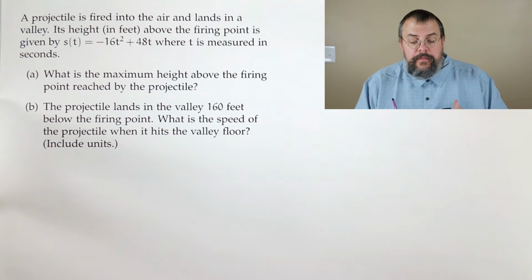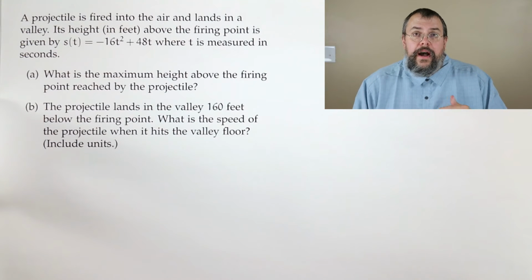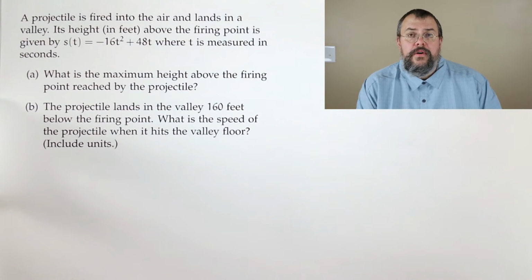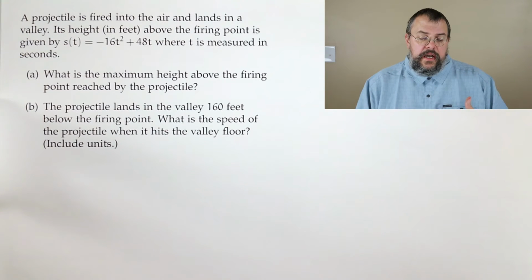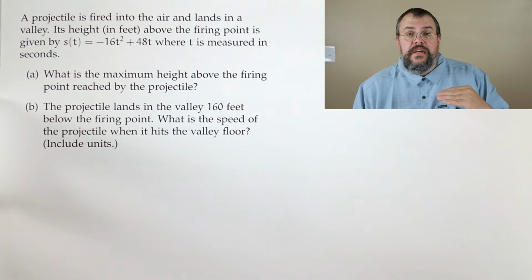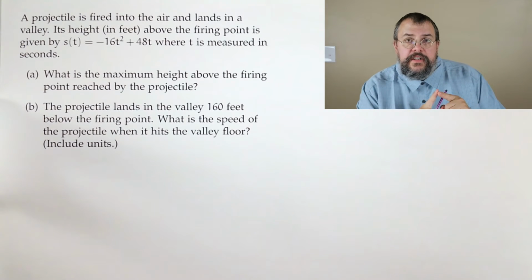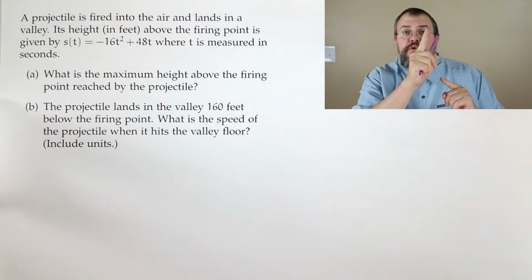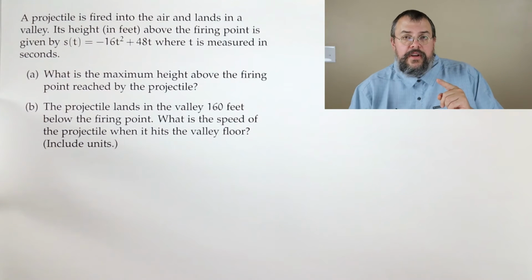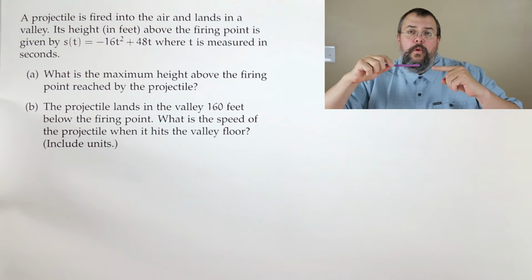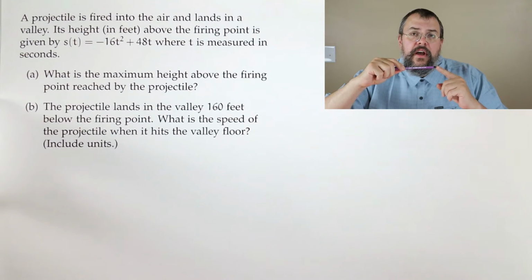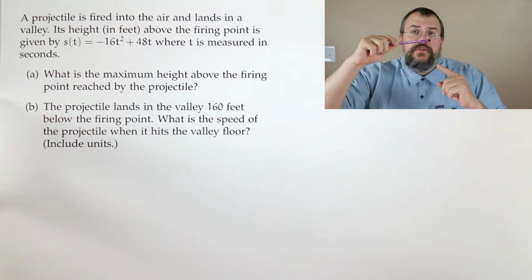So let's think about the maximum height. So how do we figure that out? If we're firing something up, it's going to go up, and then it's going to go down. So our position S, as it's going up, what's true about the velocity?